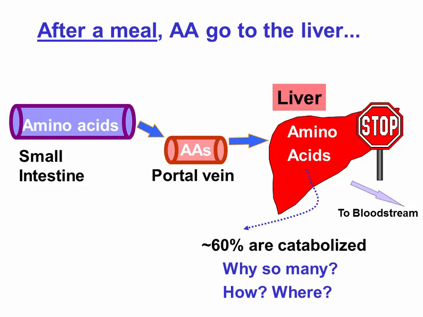What do you think the first step in the metabolism of an amino acid is for most of the amino acids that we have? Can you think of a reaction that involves amino acids? Okay, so that's number 2.